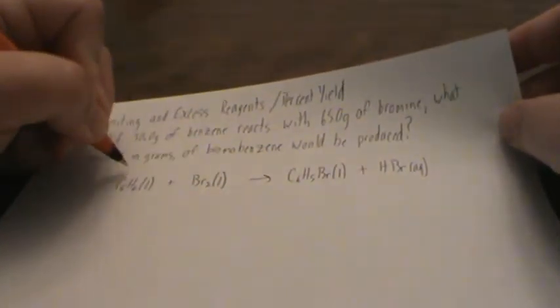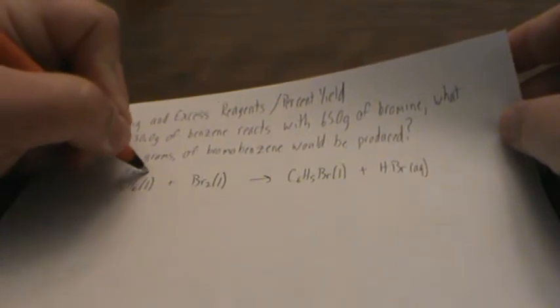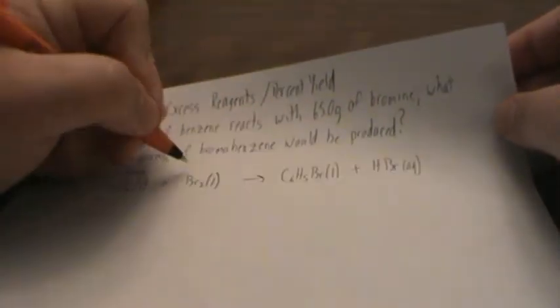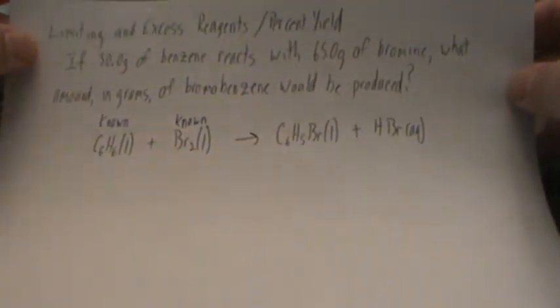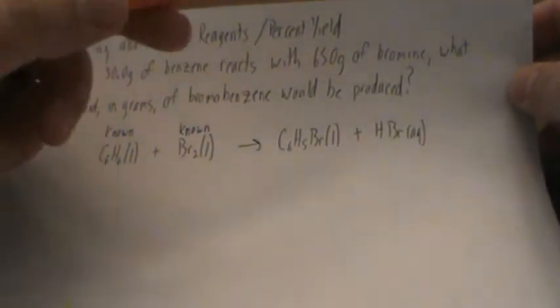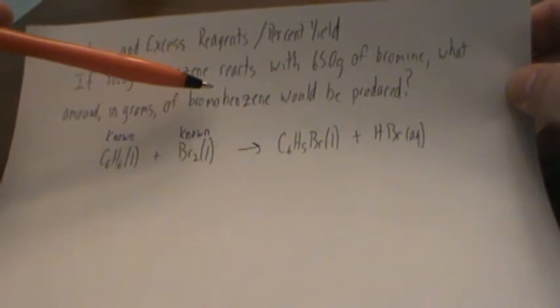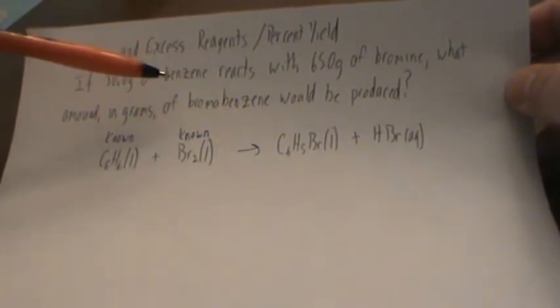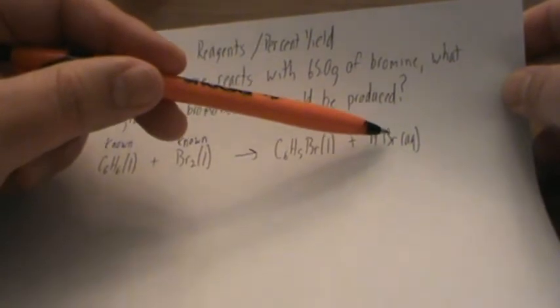benzene is C6H6, so that's one of our knowns, and bromine is the other known. Our unknown is, what amount in grams of bromobenzene? Bromobenzene is one of our products, and we also have HBr, hydrobromic acid.